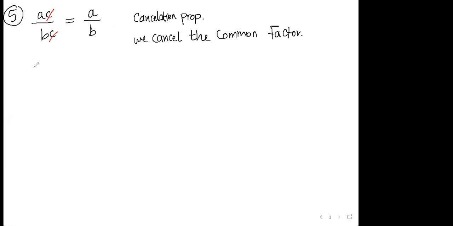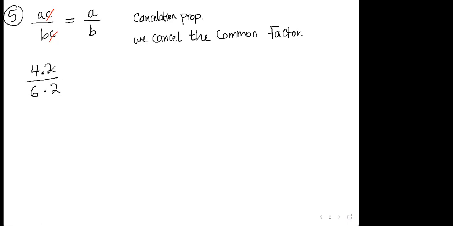Who will give me examples of this? Like for example, 4 times what? 2. 2 over like 6 times what? 2.